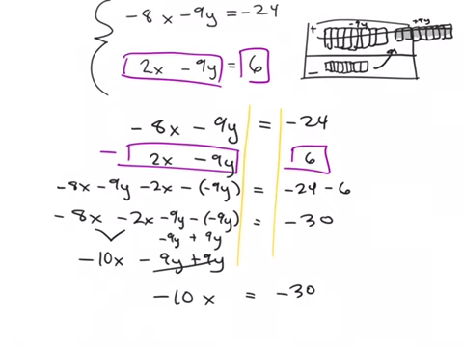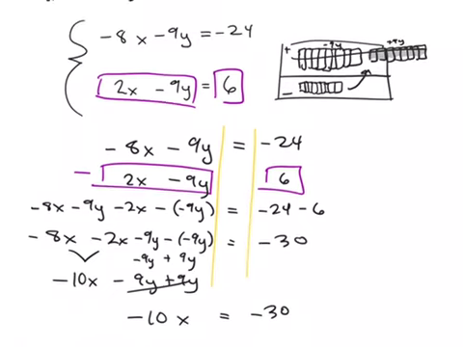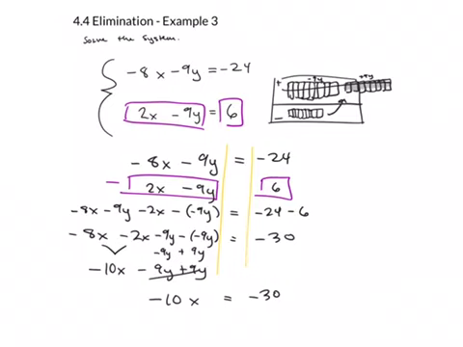Before I move on, quick review. I wanted to combine these two equations using addition or subtraction. Combining with addition did not eliminate a variable. But if I do negative 9y minus a negative 9y, then I eliminate those y's. Because the 9y here and the 9y here are both negative, they have the same sign as each other.